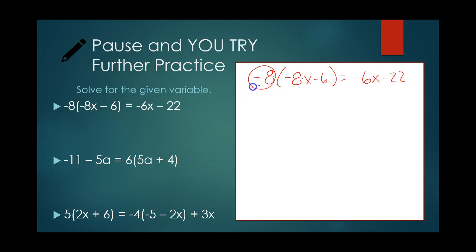All right, so we'll distribute here. And that gives me a positive 64x and a positive 48. Okay, so I'm simplified. So I'm going to add this 6x. Again, I'm going to add it because it's going to give me this positive coefficient.